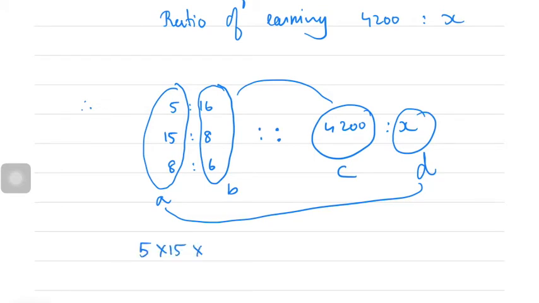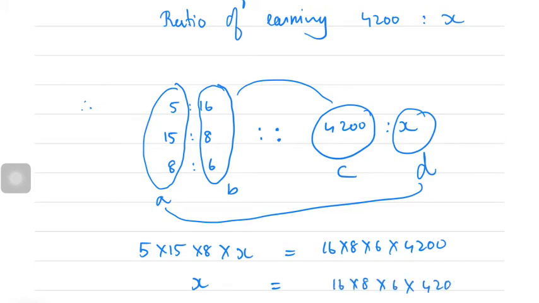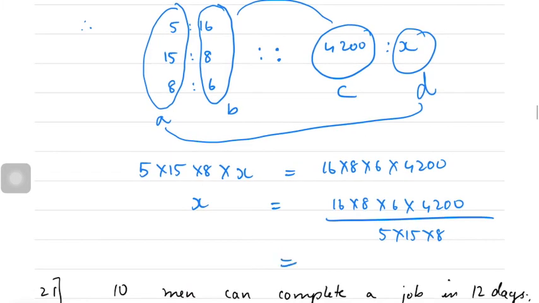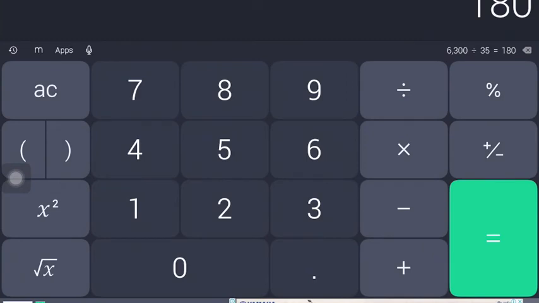So 5 into 15 into 8 into X is equal to 16 into 8 into 6 into 4,200. So X is equal to 16 into 8 into 6 into 4,200 divided by 5 into 15 into 8. When you calculate this, you get the value of X. Please calculate this.